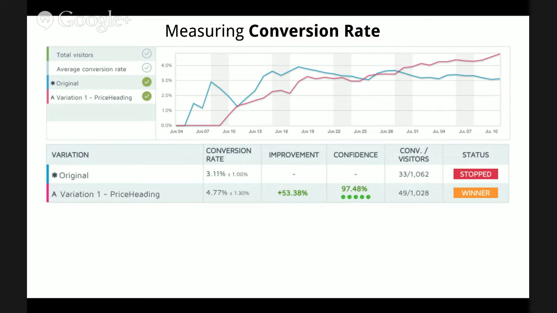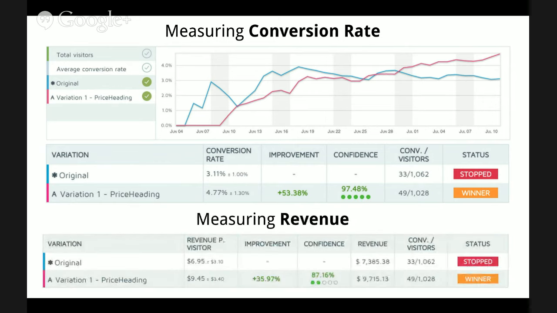Well, actually we haven't, because convert.com, like many tools, will let you connect your Google Analytics. And if you're tracking e-commerce data in your Google Analytics, then you can start to measure the difference in turnover or spend instead of just conversion rate.